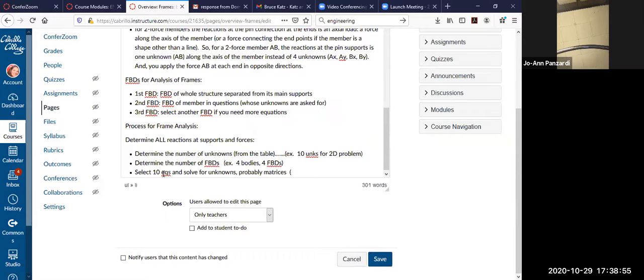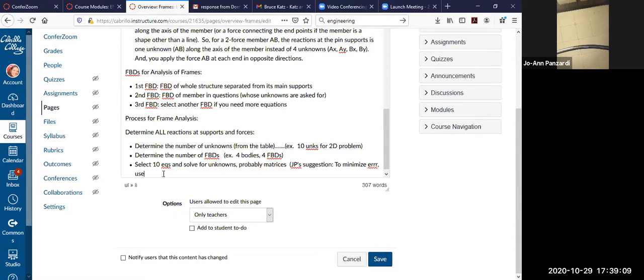But my suggestion, to minimize error, sorry, I'm not going to do the math, find the math thing. Sum of forces in X and Y as equations.